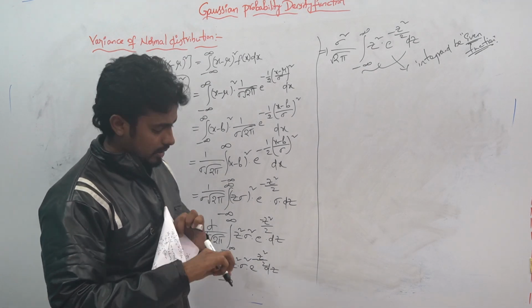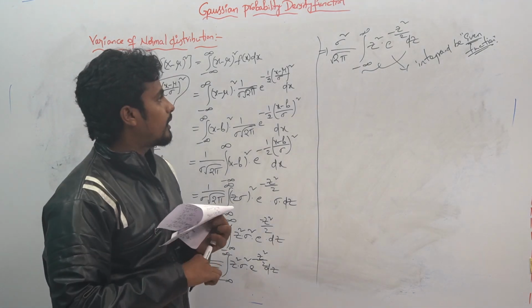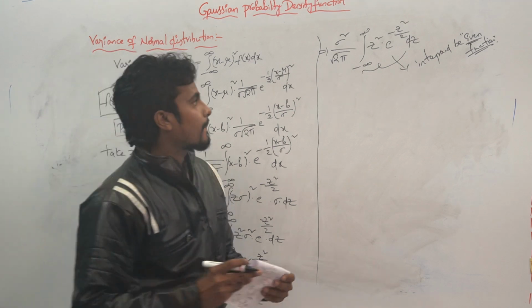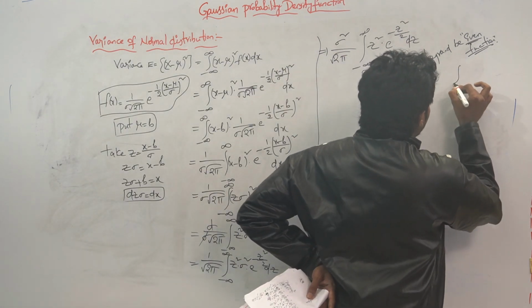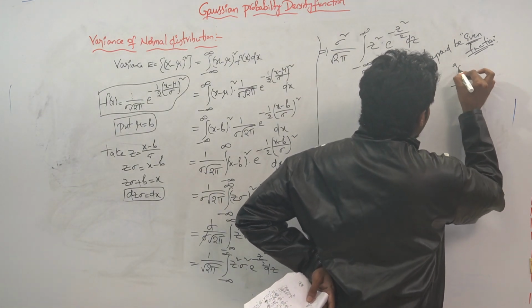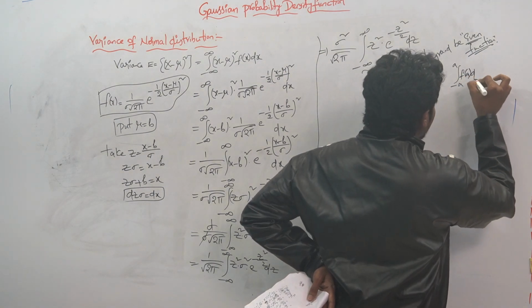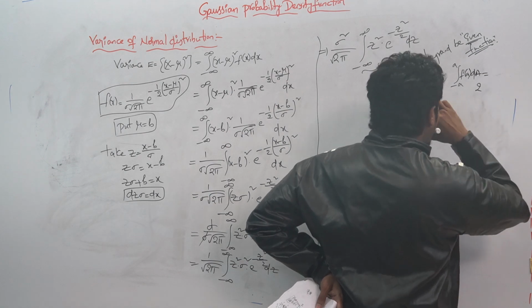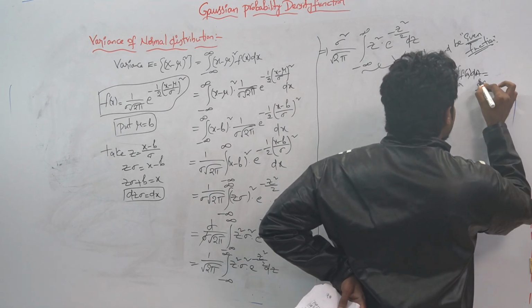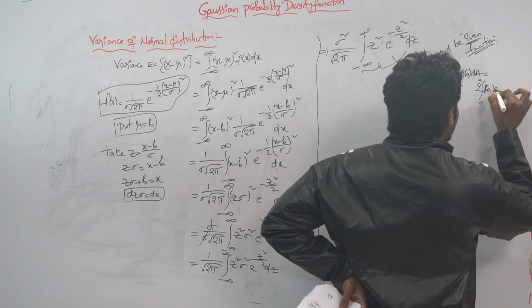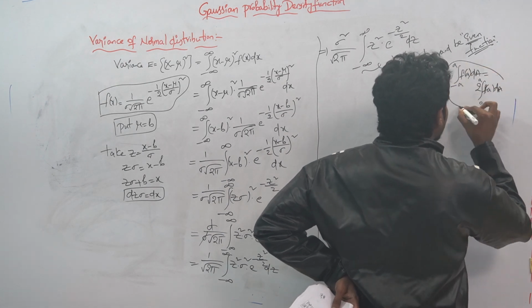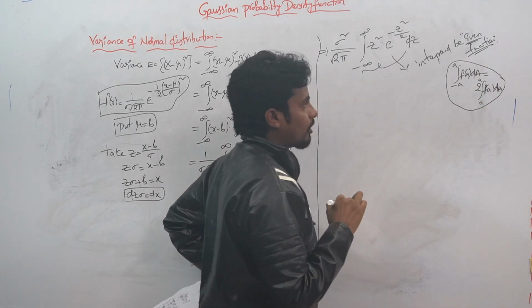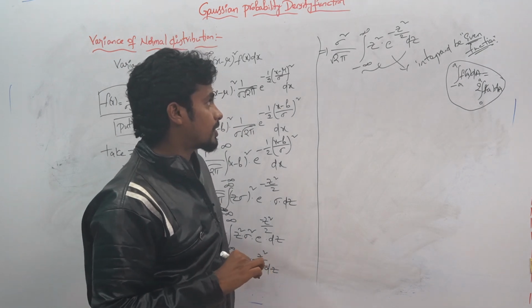How can we write it? The integration from minus a to a of f of a into da can be written as 2 into the integration from 0 to a of f of a into da. This is the formula for the integral of an even function.